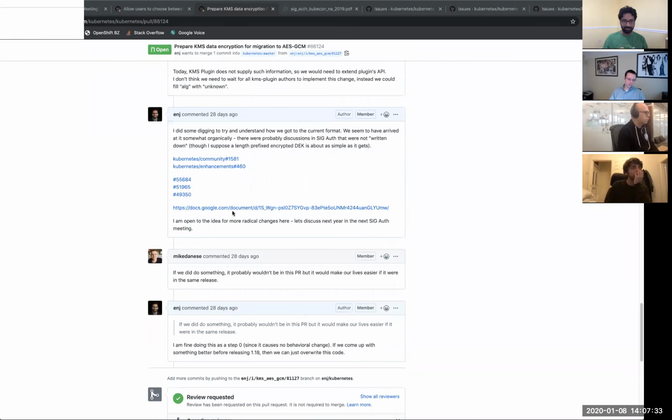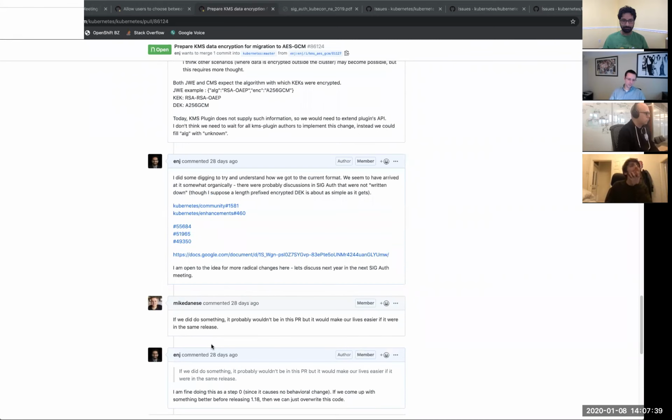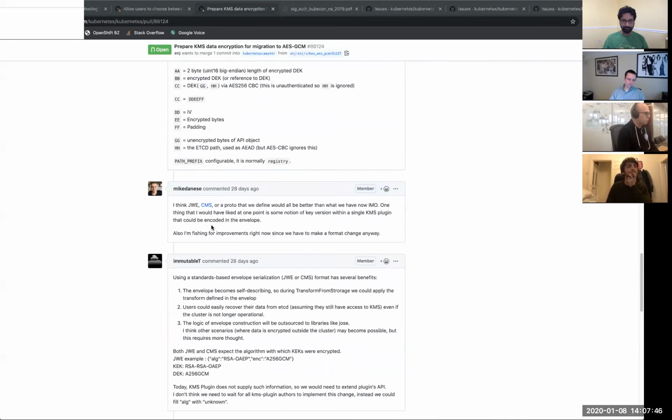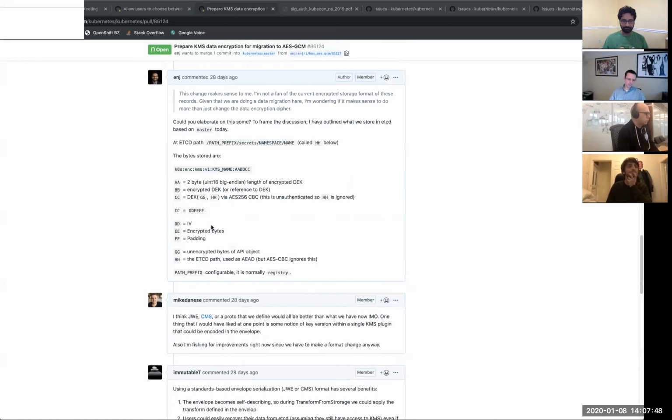So I think standard would be good, but some of the stuff that annoys me today is that we have this custom, unspec'd length encoded format with some random prefix. Yeah, you spec'd it out. That should never have existed, in my personal opinion.